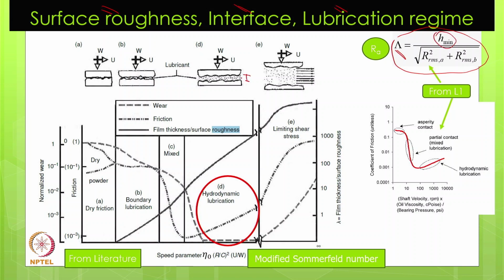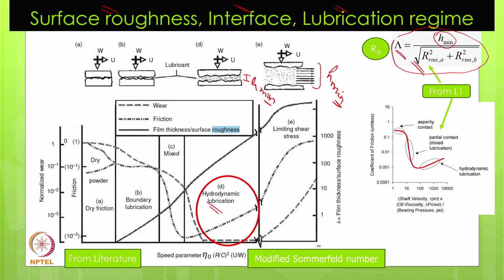Now this is the film thickness, or H minimum, in this situation. So when H minimum is much higher compared to surface roughness, we are able to see the hydrodynamic region as such.